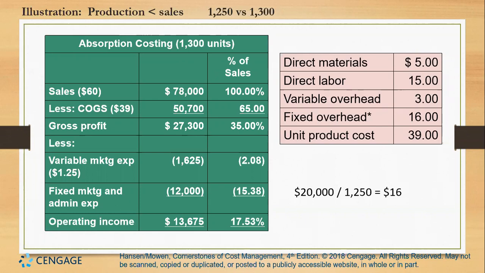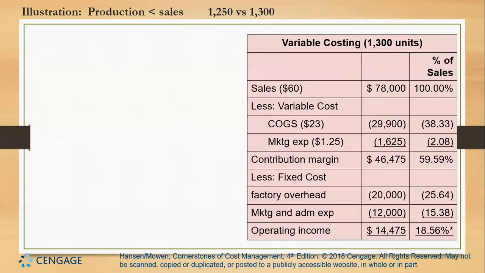So the operating income is 13,675. Under the variable costing, we have the operating income of 14,475. Thus, this abides with the rule that if production is less than sales, then the net income under variable costing is higher than that under absorption costing.